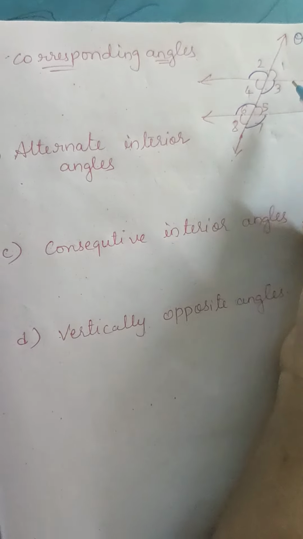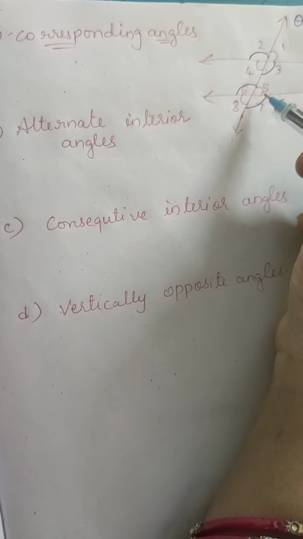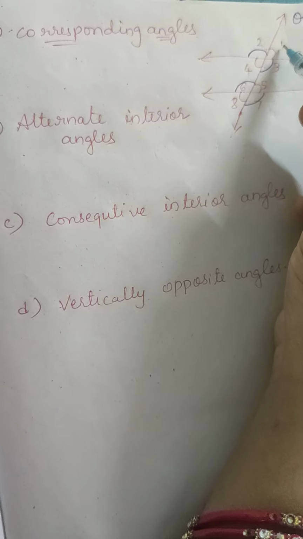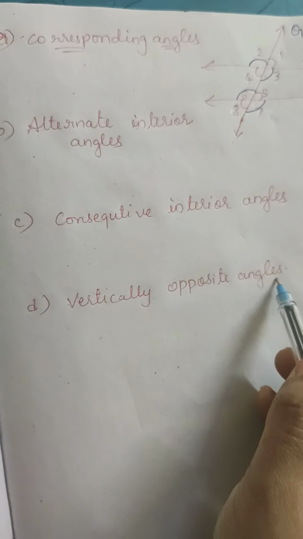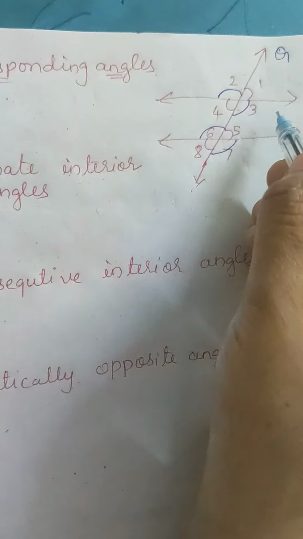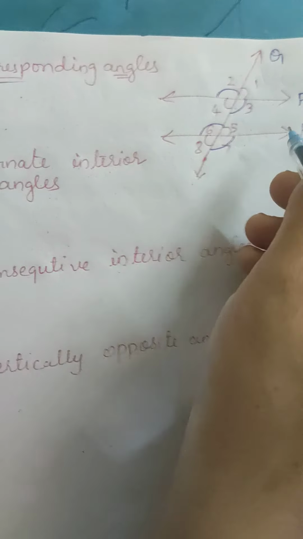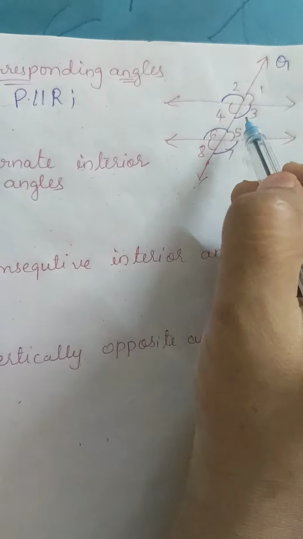From this we will see different angles like corresponding angles, alternate interior angles, consecutive interior angles and vertically opposite angles. In the figure we can see P and R are parallel lines, P parallel to R, and Q is the transversal.